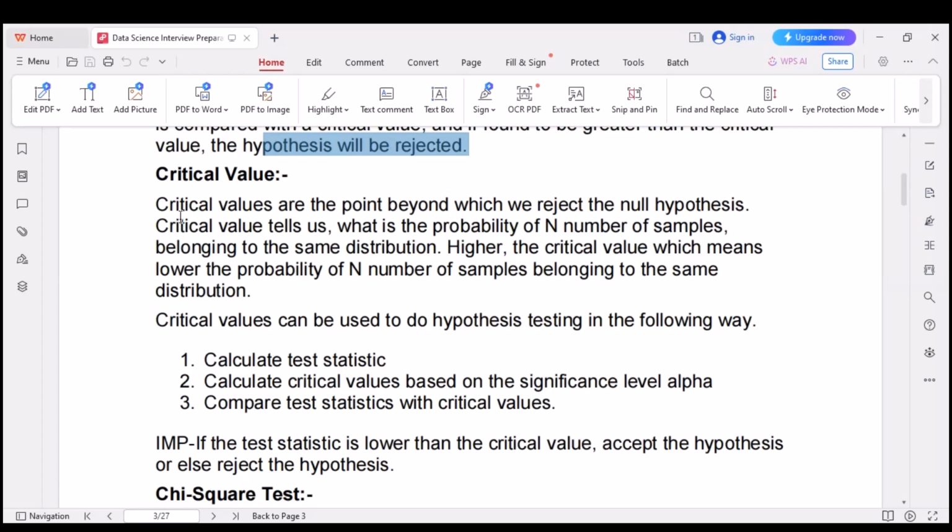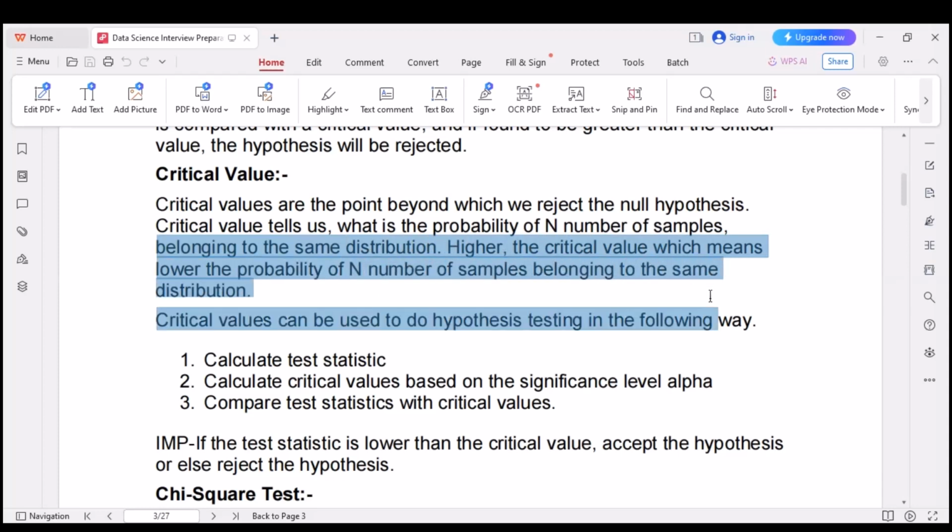The critical value tells us the probability of n number of samples belonging to the same distribution. The higher the critical value, the lower the probability of n number of samples belonging to the same distribution. The critical values can be used to do hypothesis testing in the following way.